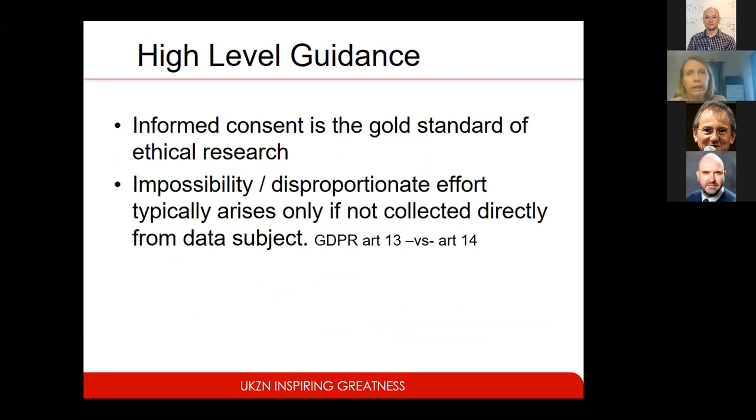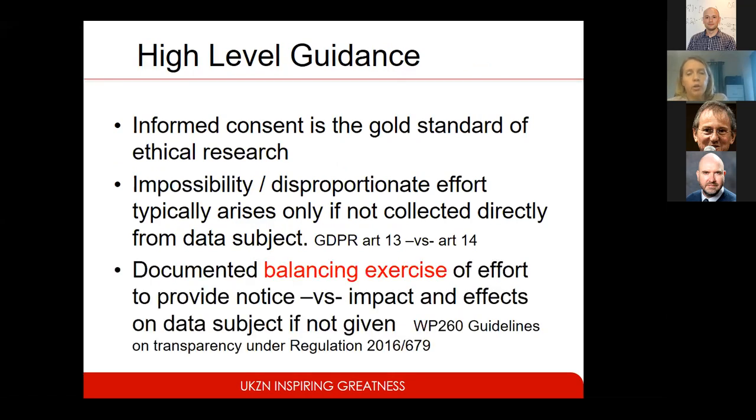For example, when research data is being used for subsequent research projects. And in those cases, there must always be a carefully documented balancing exercise of the effects of providing notice and the impact and effects on the data subject of not providing notice.